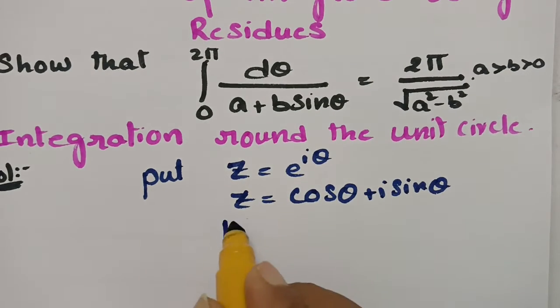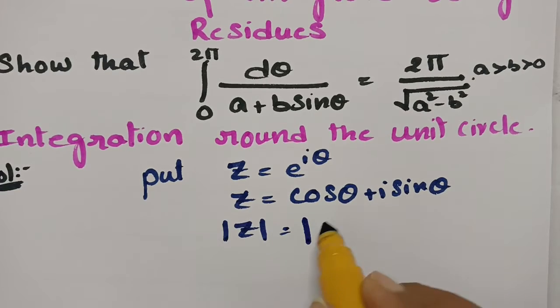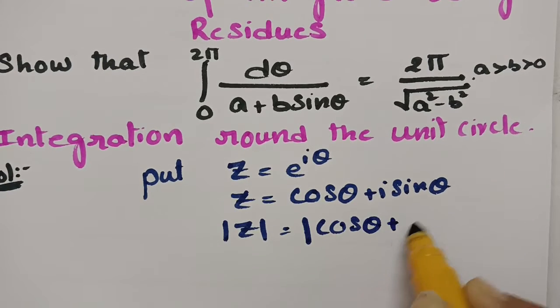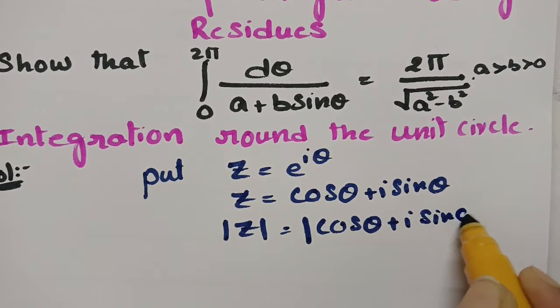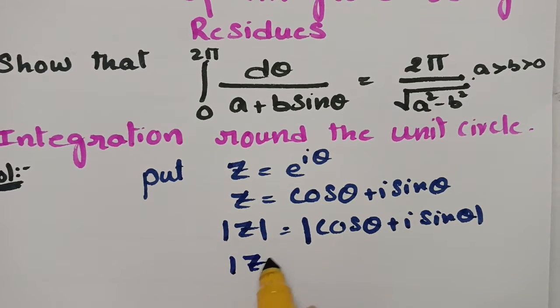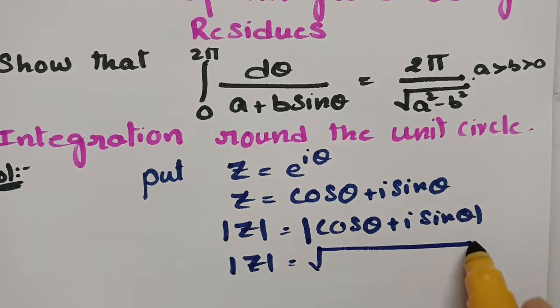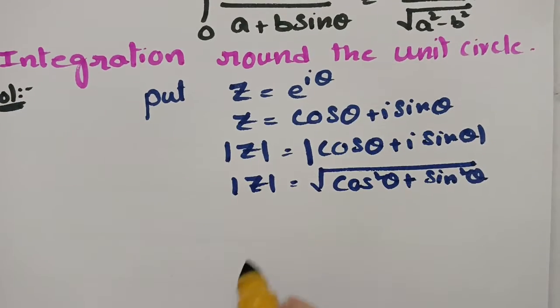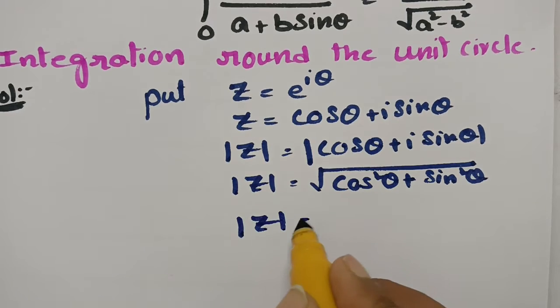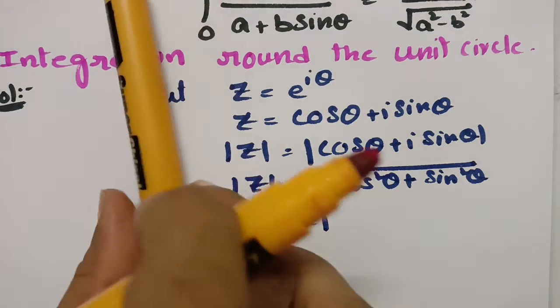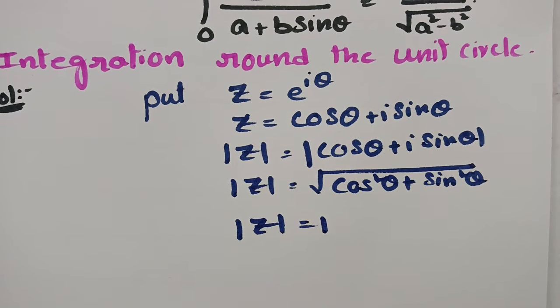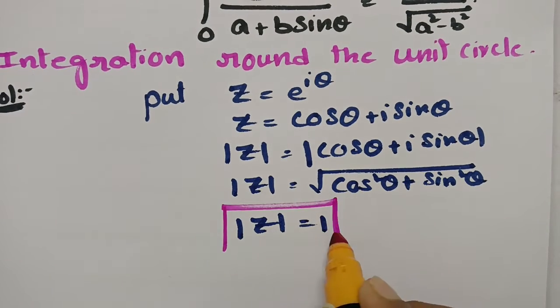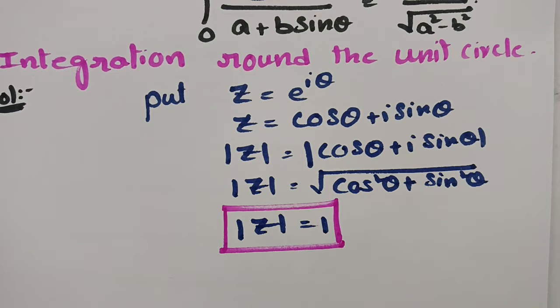If I apply mod z on both sides, mod z is equal to root over cos square theta plus sine square theta, which is equal to 1. So mod z is equal to 1, which is a unit circle.